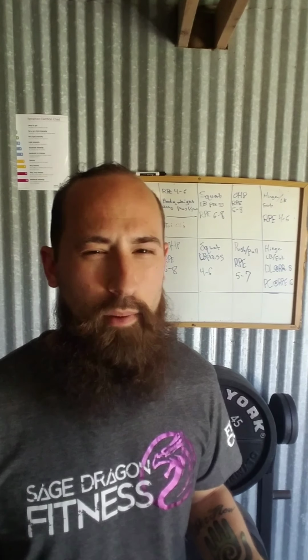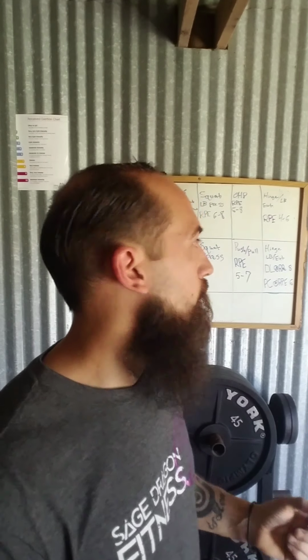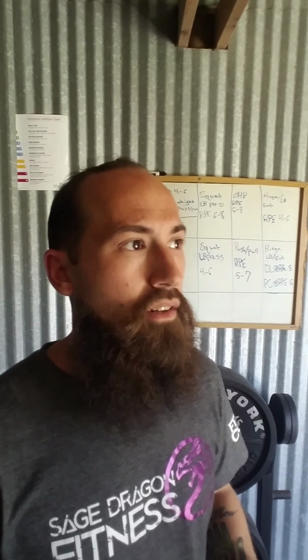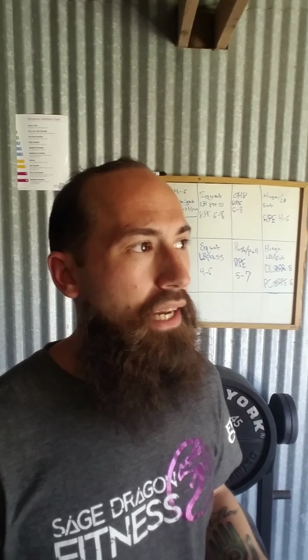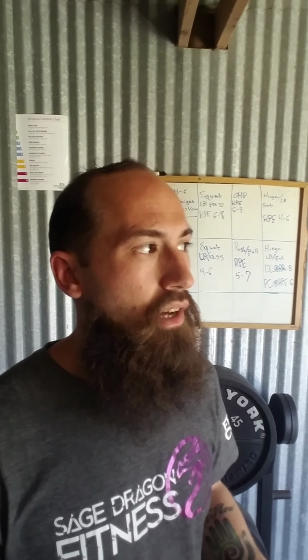Probably 205. My power clean's kind of trash. So at an RPE 6, I'll probably do 135. Yeah, for a 6. And I'll probably do sets of 7 to 8, maybe 9, if I'm feeling squirrely.